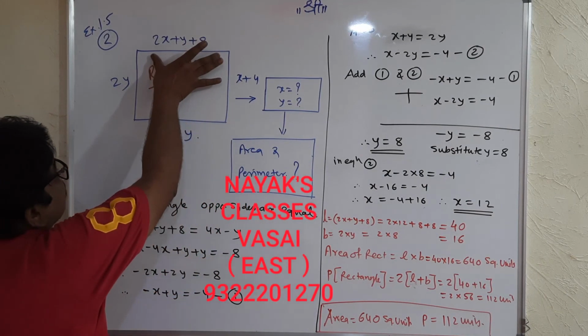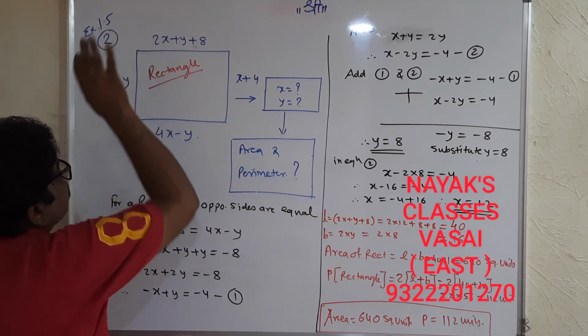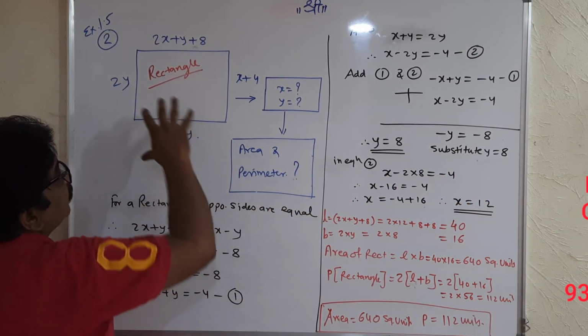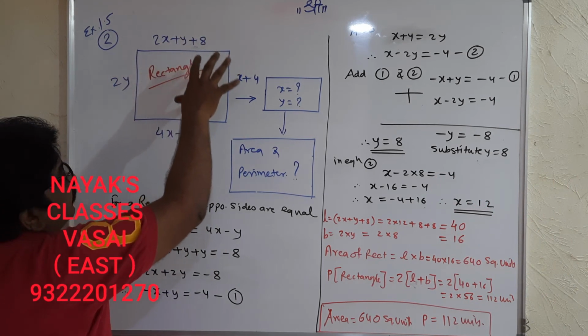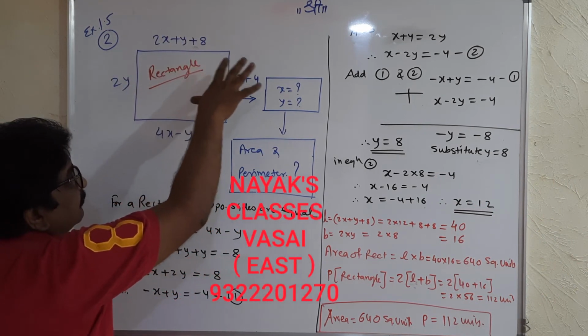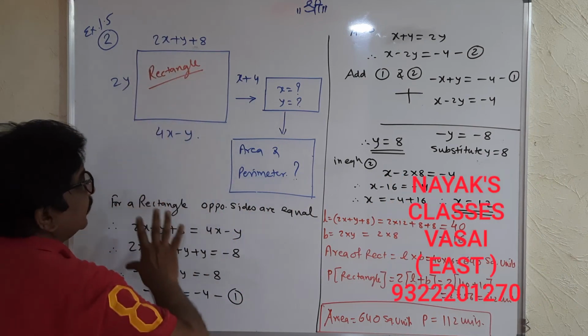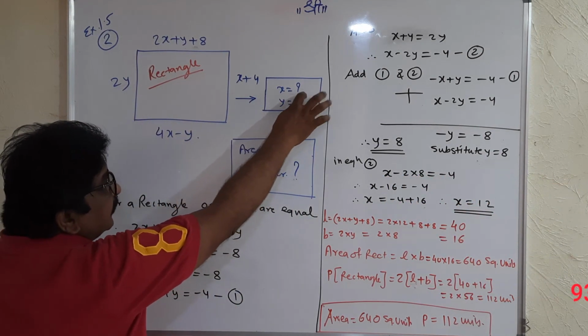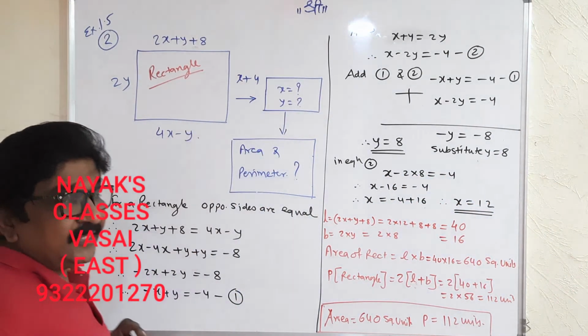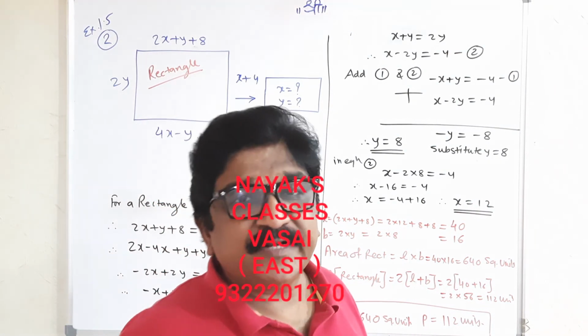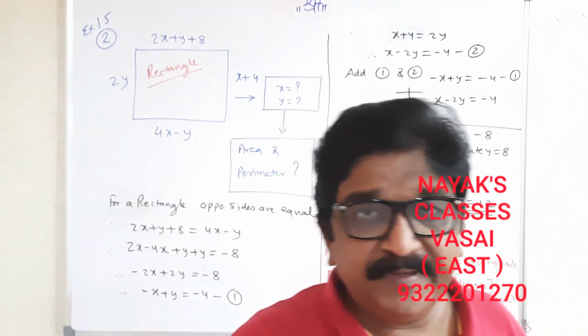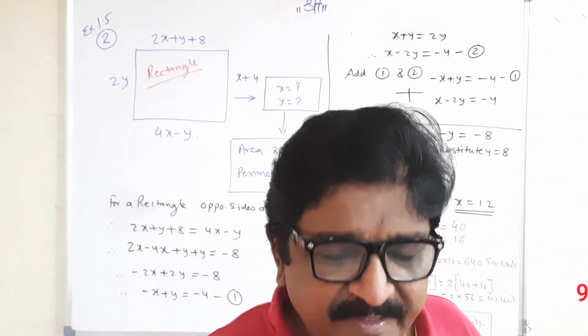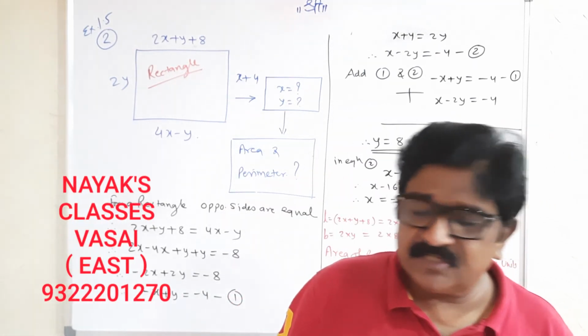This is length, this is breadth. They have put the variable themselves and they have given us this is the rectangle. Find the value of x and y as well as the area of the rectangle and perimeter of the rectangle we have to find. Very easy.